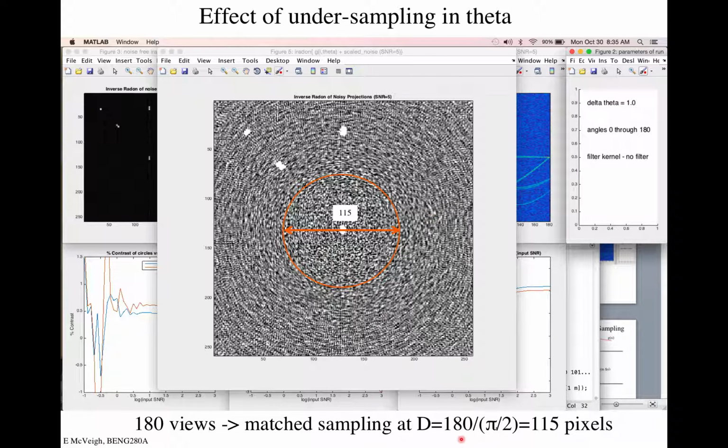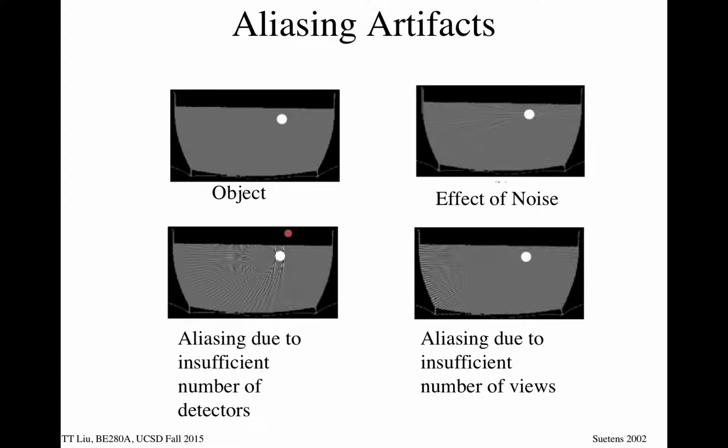It's a factor of pi over 2: the number of projections divided by pi over 2. So for 180 projections in this instance, the diameter I can achieve is 115 pixels. And we'll see how we derive that.